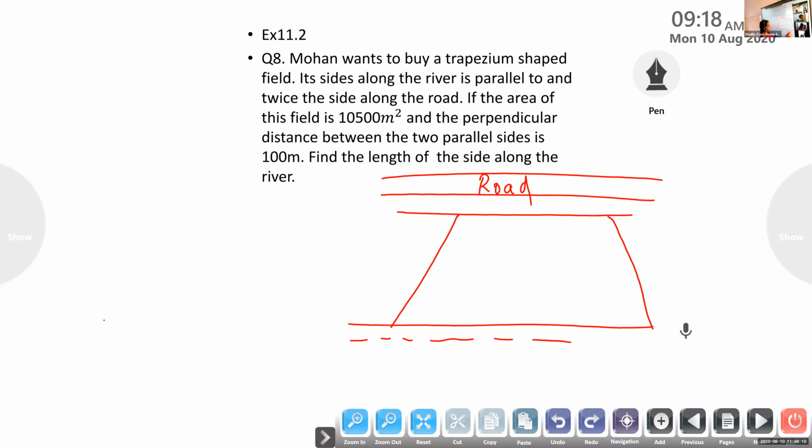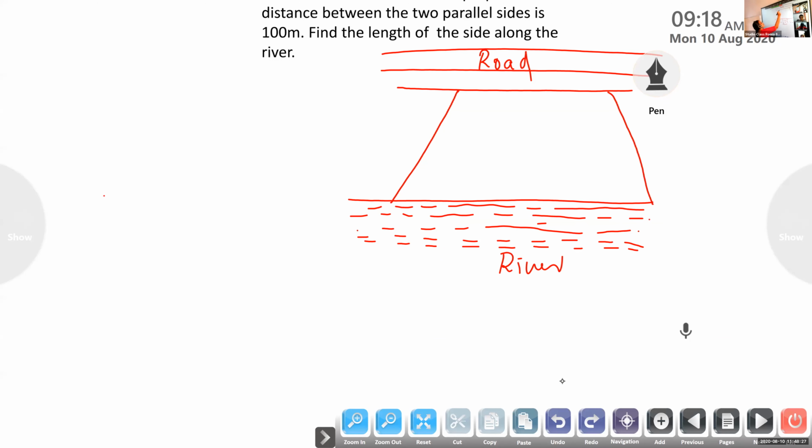And the other side is along the river. This is the river. Also given that this distance is 100 meters. Draw the figure.